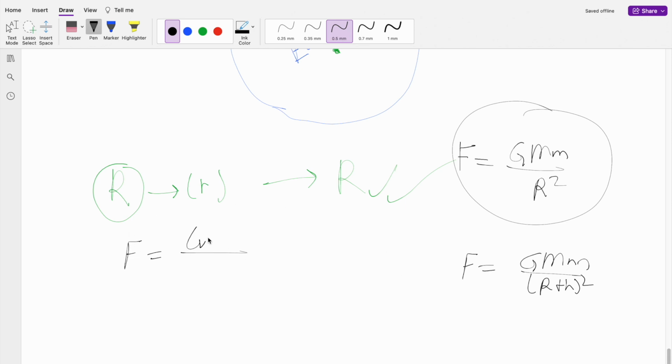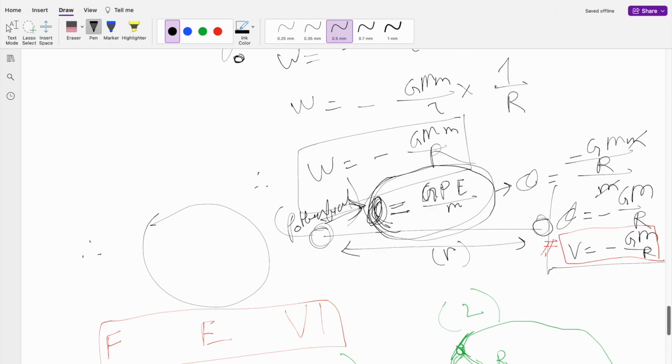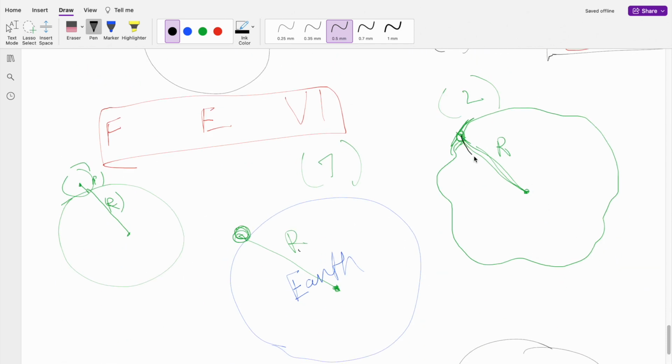Now, F equals GMm divided by r squared. F equals mg because it has a weight of mg toward the center.